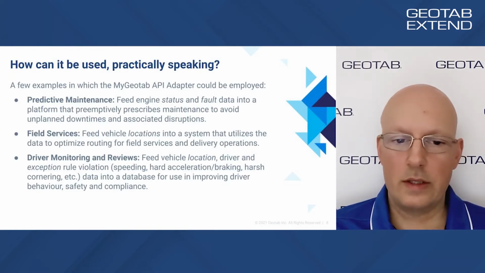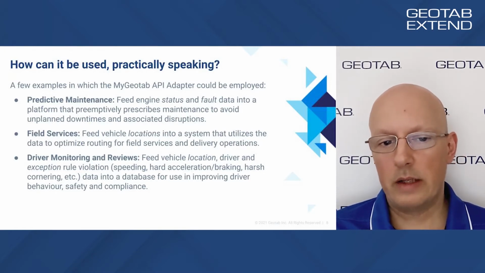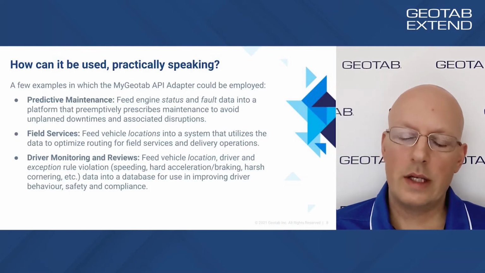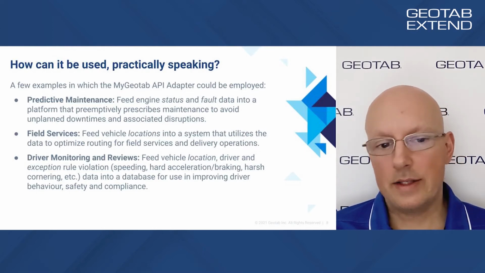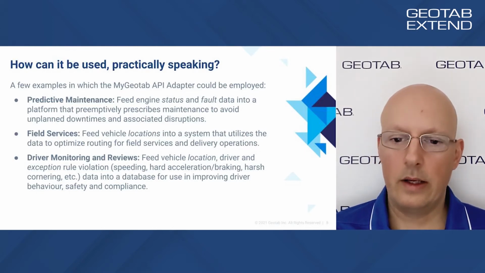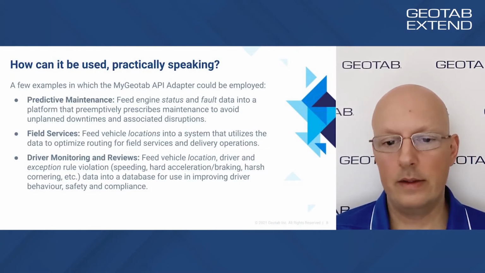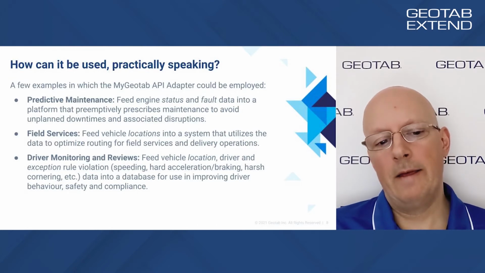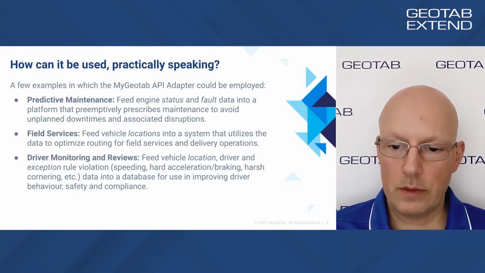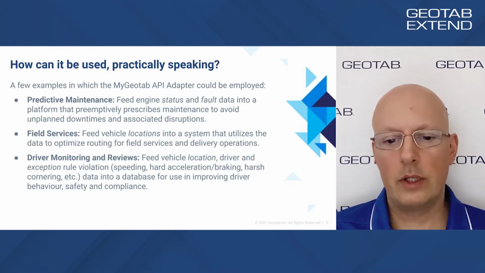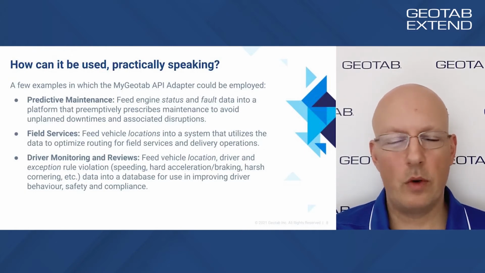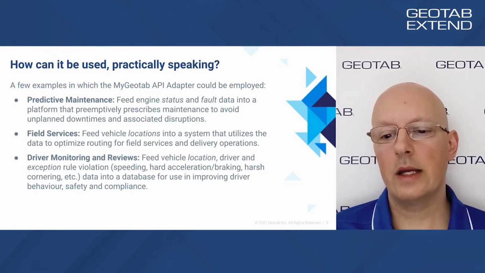Now, in terms of these examples here, the first example is a predictive maintenance example, where essentially we're leveraging the engine status and fault data that's being extracted in order to help prevent downtimes and associated disruptions. The second example is for field services, where we want to optimize routing, and we're really focused on using the vehicle location data.